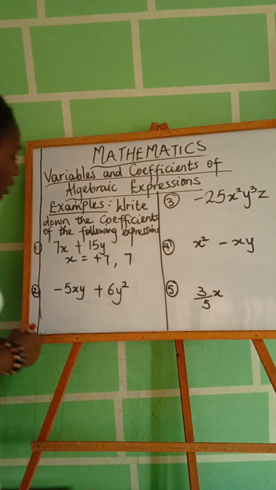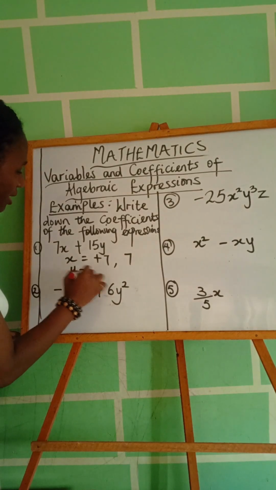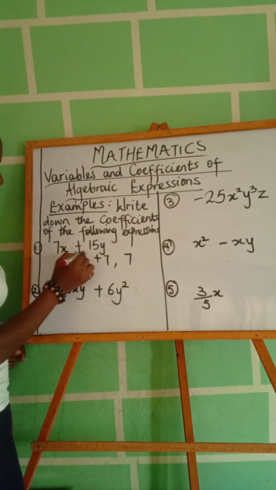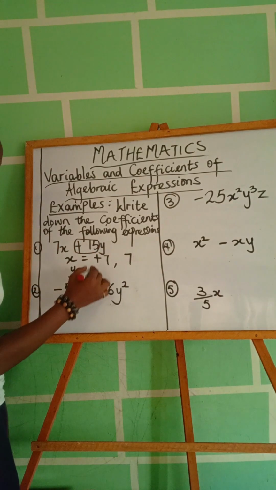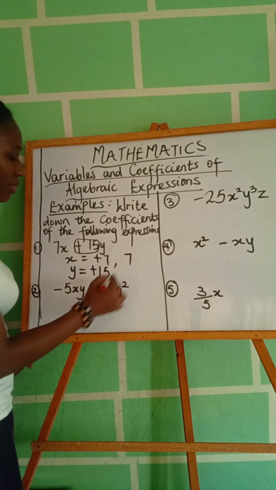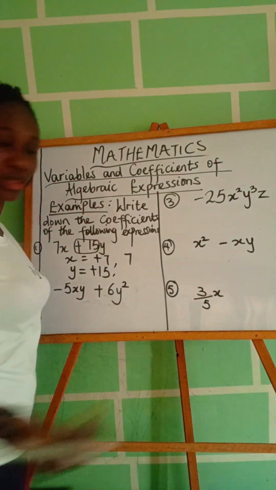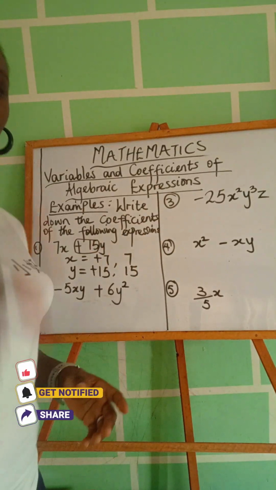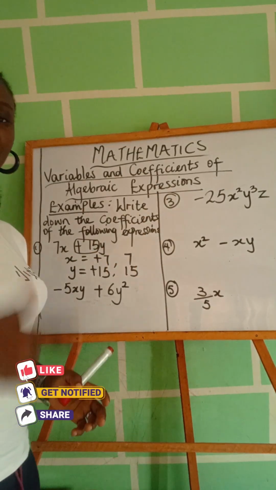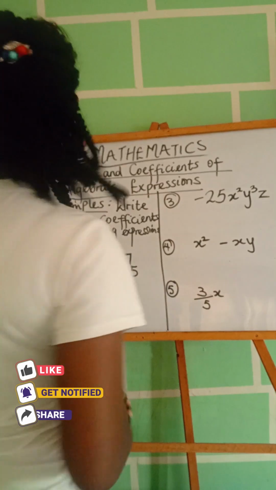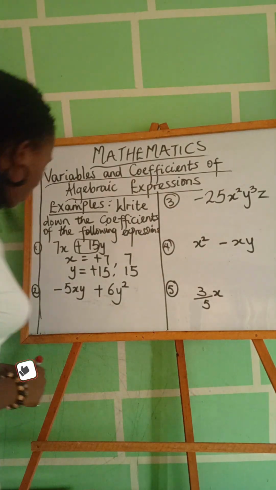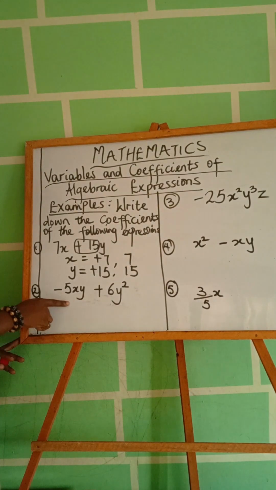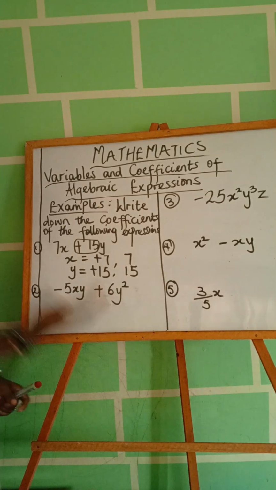So what is the coefficient of y? The coefficient of y here is plus 15. That is the sign before the number, or you can decide to write it as just 15. The sign beside the number is usually very important. We do not discard it. All right, so now let's come to number 2. This is a group of letters, x and y, and here you have y squared.